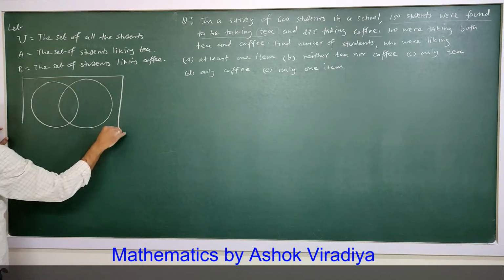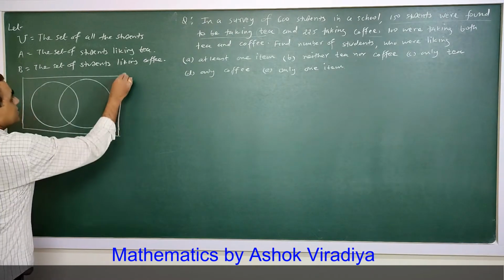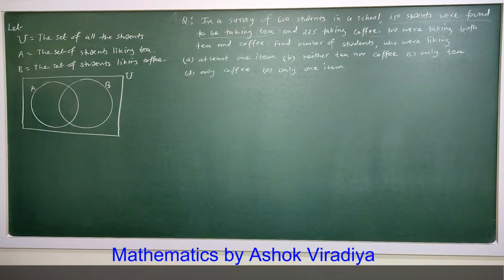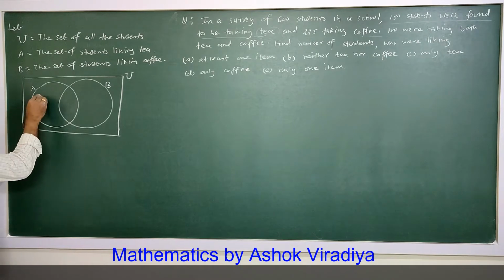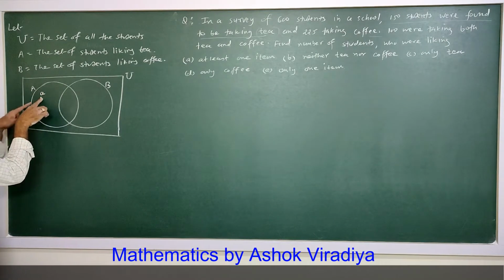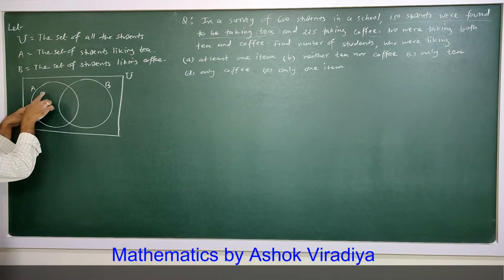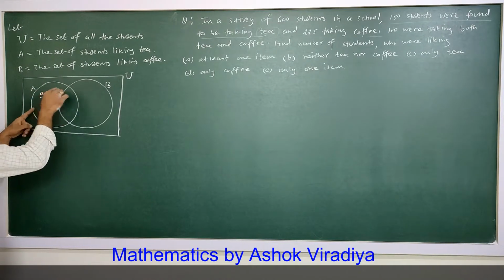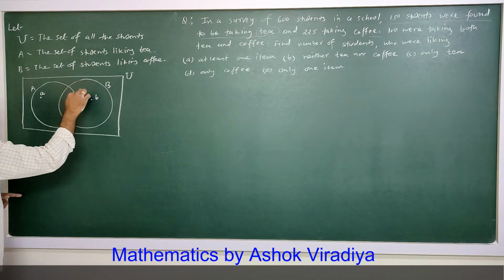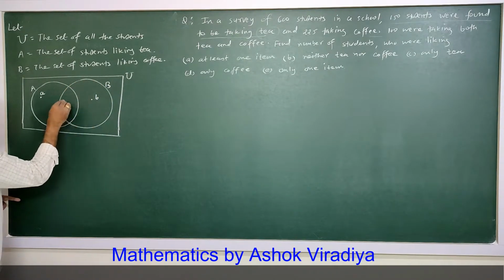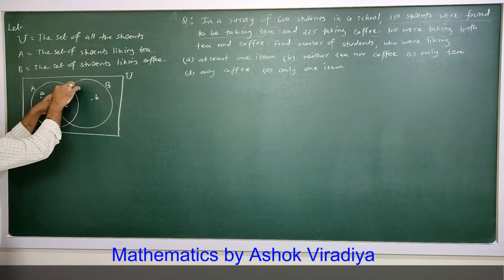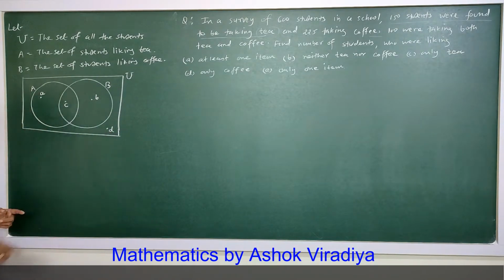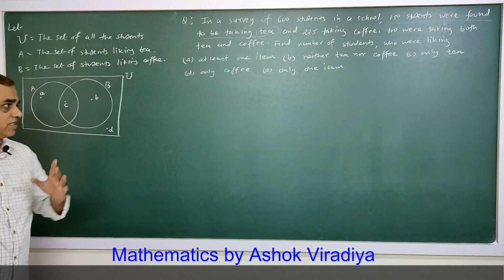Suppose this is the universal set U, this is set A, this is set B. Suppose the symbol small a is the number of students belonging to only A, in this region. b is the number of students liking only coffee in this region. c is the number of students liking both tea and coffee. d is the number of students who like neither tea nor coffee.